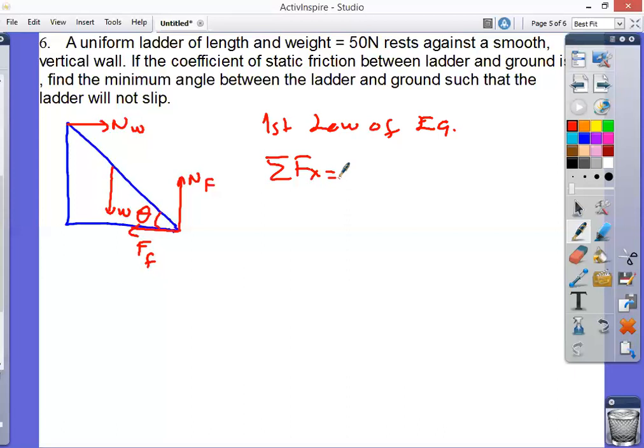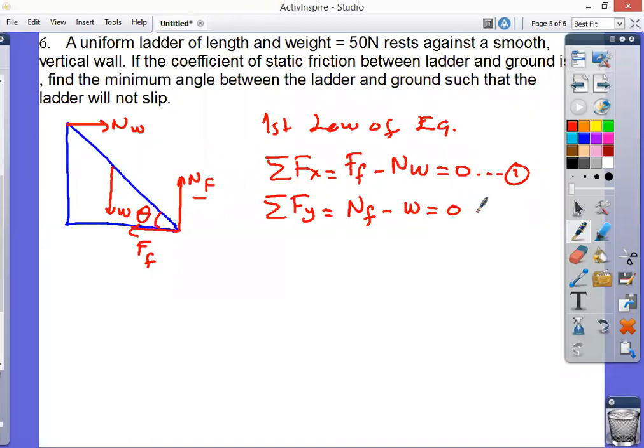In the x direction, the horizontal direction, we are going to have friction force minus the force from the wall, and that is going to be equal to zero. This is the first equation. The second equation: the total vertical component of force must be zero. So what do we have there? We have the force due to the ground, the normal force, and the weight of the object, which sum to zero.